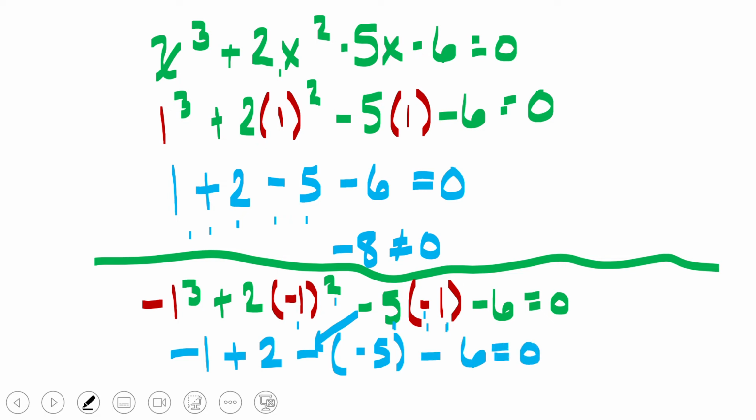Let's address everything. Negative 1 plus 2 is 1. Plus 5 is 6. Minus 6, 0 equals 0. So we are testing negative 1.